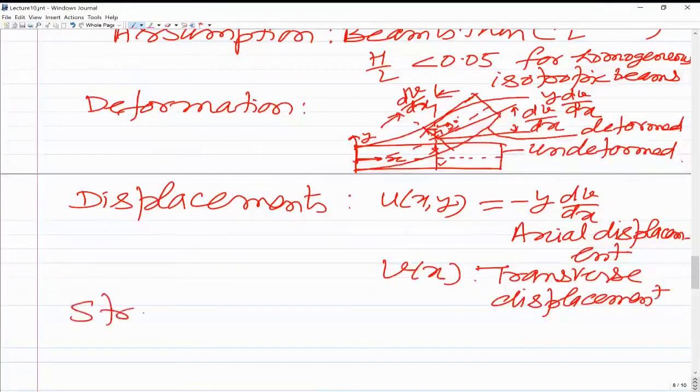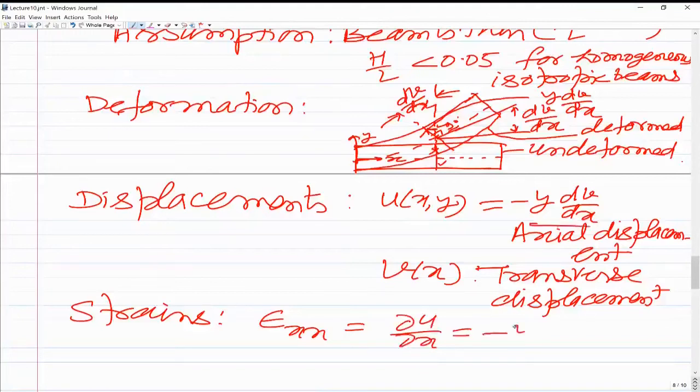So these are the displacements. If you look at the strains, only one independent component of strain is there. Right now we are talking in terms of a global coordinate system, so let me use small xx. Epsilon xx is basically del u by del x, and u is in terms of this expression, so we will have minus y into d2v by dx square, because we are differentiating once again with respect to x.